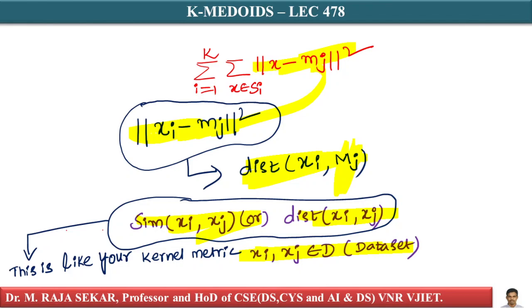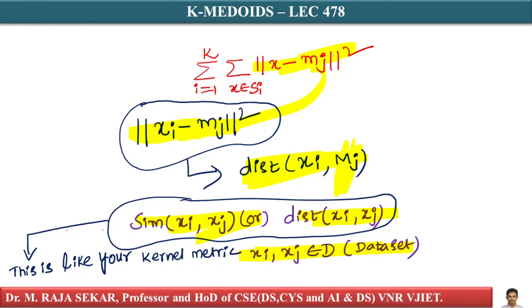So if somebody gives you a similarity or kernel matrix, you can easily do K-medoids, because I can compute this part, norm xi minus mj whole square, which is the distance between xi and mj, a data point.